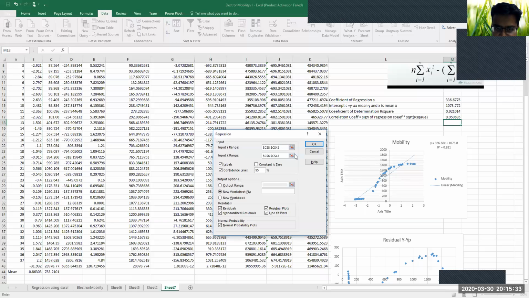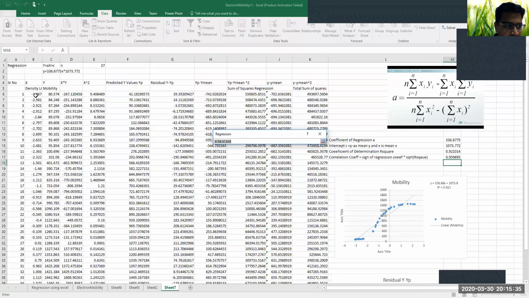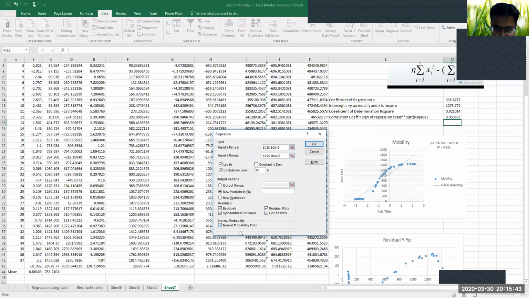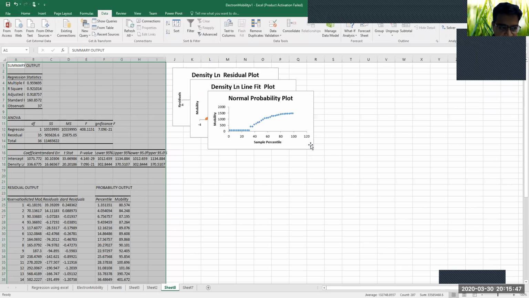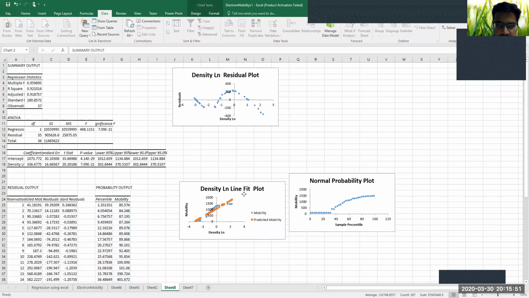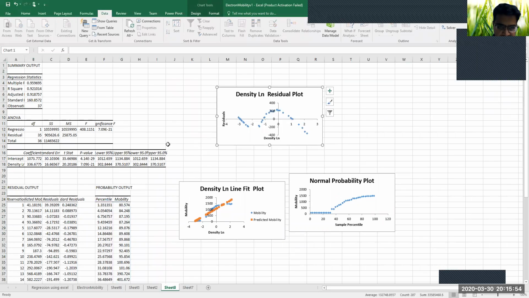Okay, select x. So x is density. Keep the terms, and you get a new sheet which will show you all the plots. So look at the plots, and look at the intercept value, and this. So this completes the total regression.